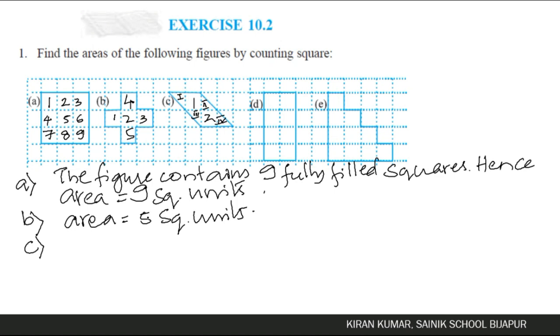There are 4 half filled squares. Here there are 2 fully filled squares plus there are 4 half filled squares. So area will be equal to 4 square units.